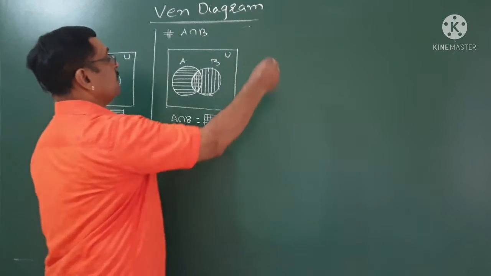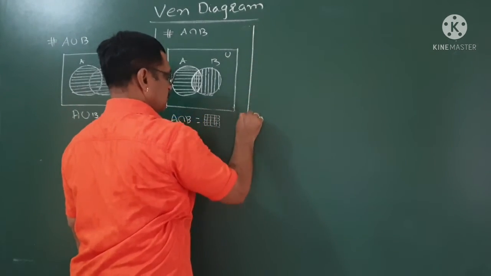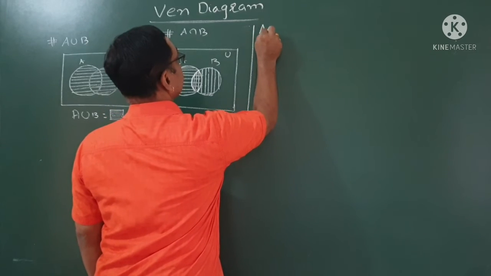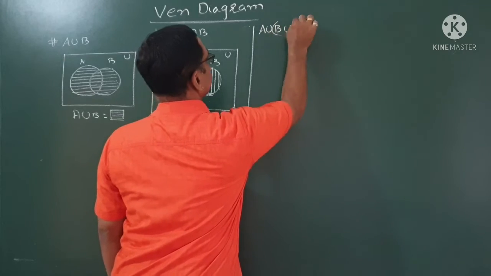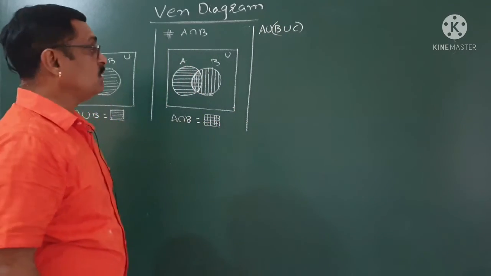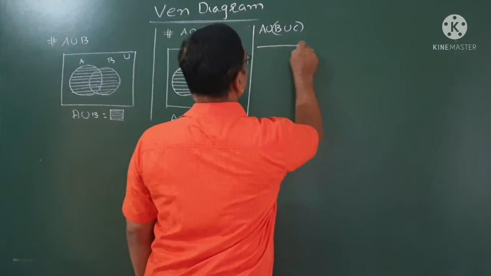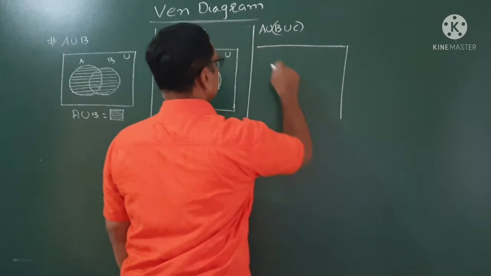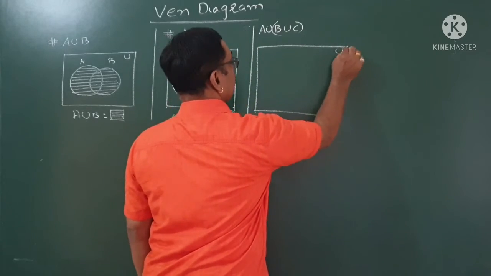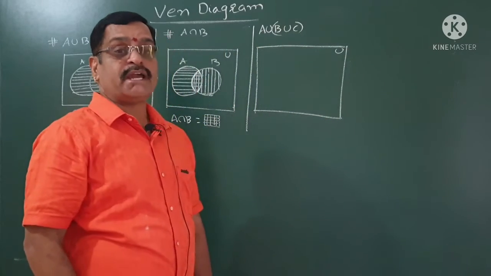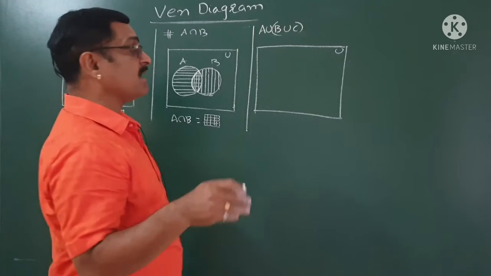Now, next one, I go for A union B union C. In this case, I draw a rectangle, U. For two sets I had two circles, so now I need to draw three overlapping circles.